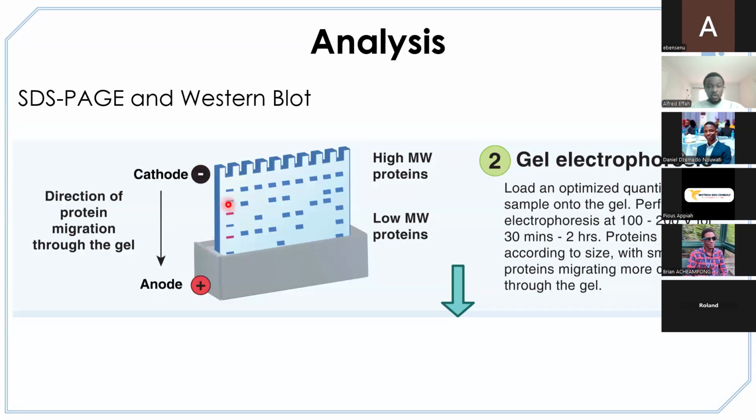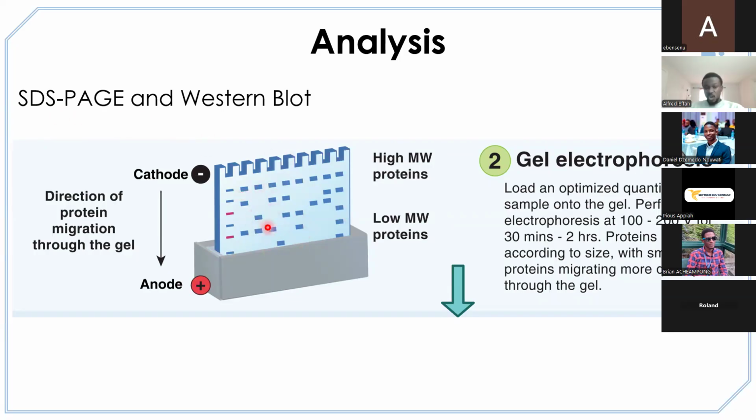Because they all have negative charge, they migrate according to their sizes. The proteins with higher molecular weight will be closer to the starting point. Those with low molecular weight will move at a much faster rate to the anode compared to those with higher molecular weight. So that is the SDS-PAGE aspect.